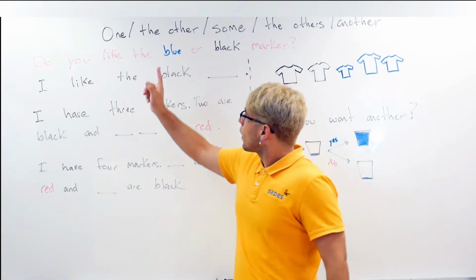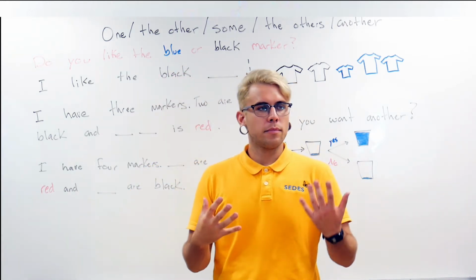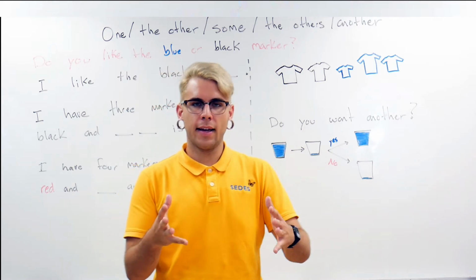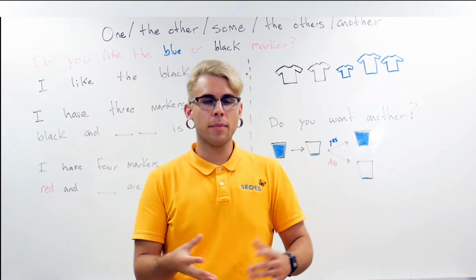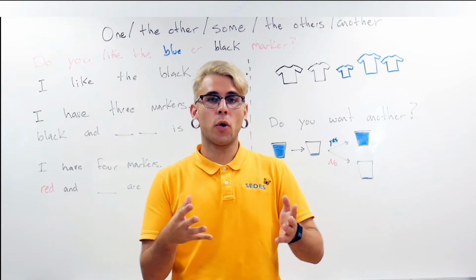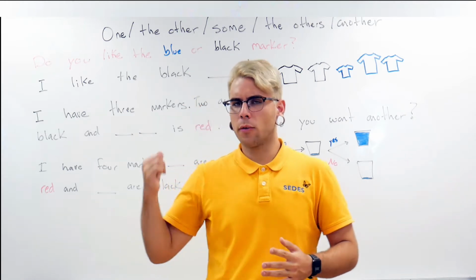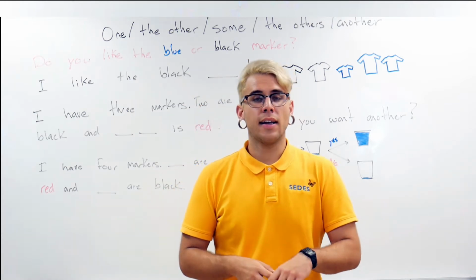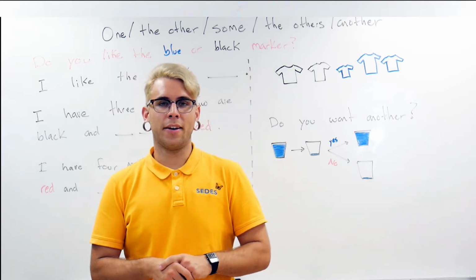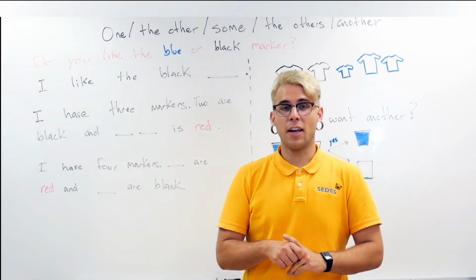So one is used to replace the subject name with a pronoun, and the pronoun is one. Of course we'll give some examples, and usually it's something that's singular, so a single item. Then we have the other.